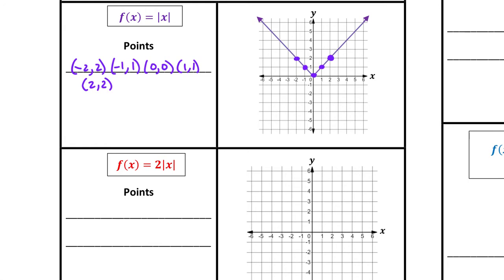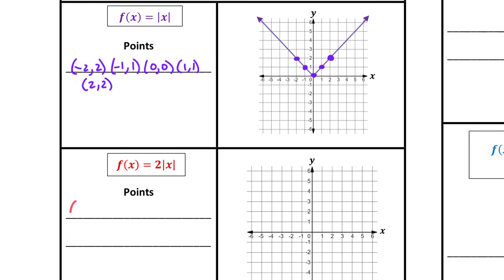Okay, so what's happening here is you're multiplying the values times 2. I'm going to plug in some values. I'm going to ask you to do some straight multiplication by 2. Can we multiply by 2? Yeah. So let's take the x values from the parent function. The first x value is -2, right?